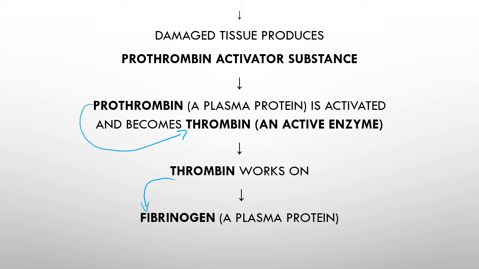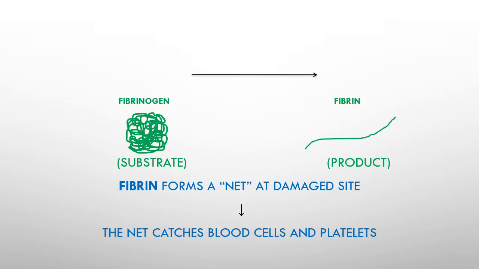Fibrinogen is now going to become activated, and we get to our final product, our fibrin. Each one activates an enzyme to the next enzyme, down this cascade of clotting processes that eventually leads us to the fibrin.